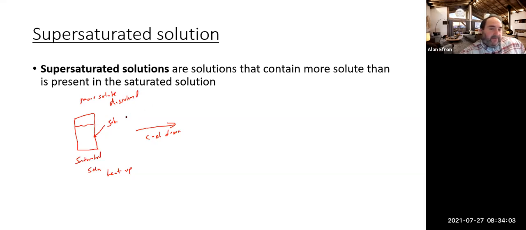As it comes back down to room temperature, for example, the solubility of whatever you dissolved starts to decrease, but it's still dissolved in that solution. You also heated it up, so you probably lost a little bit of the water as you were doing that. So we end up, at the end, with this supersaturated solution.